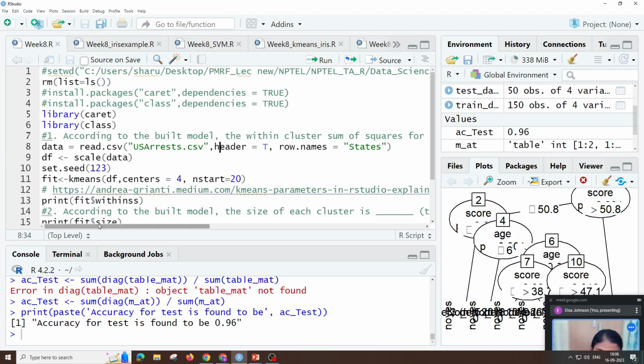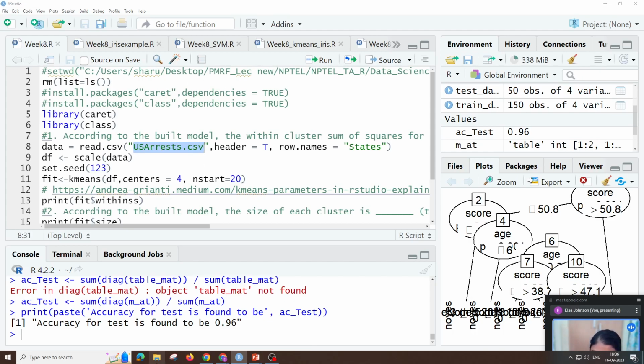Here you can see that I have given the first question. Setting the working directory is optional if it's not the current one, but right now for me the working directory contains the data set.